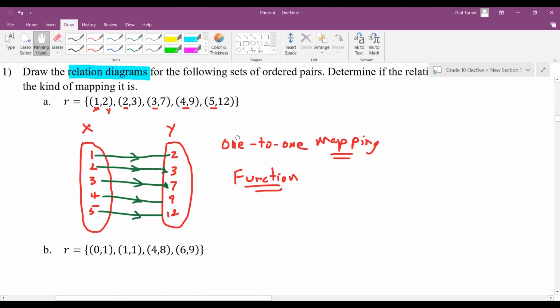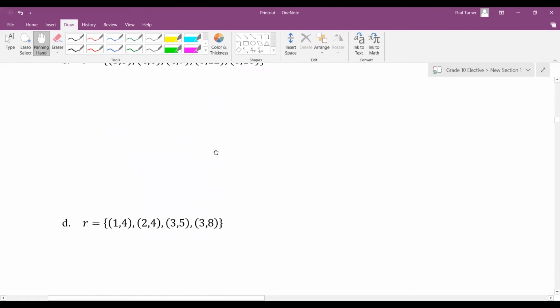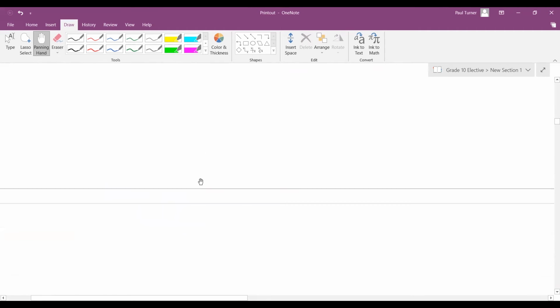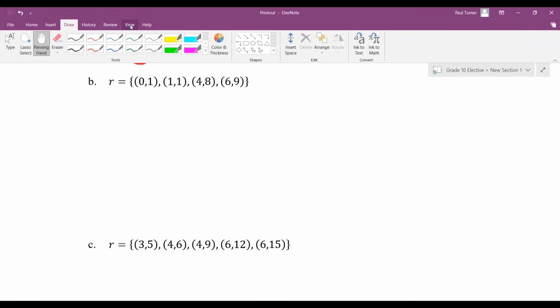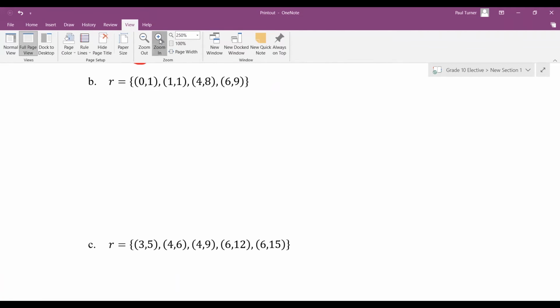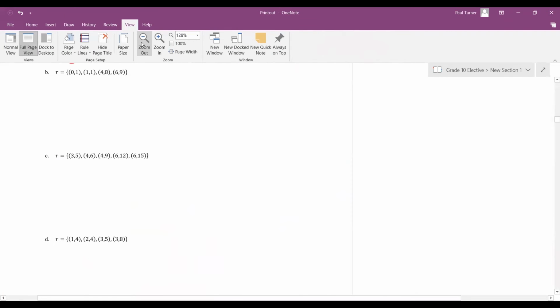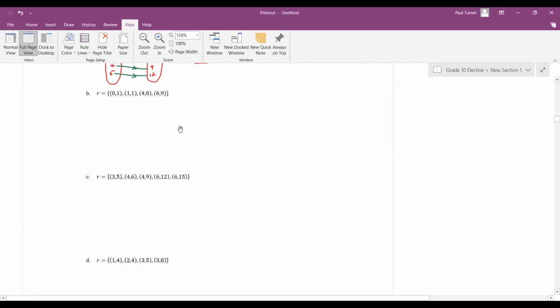And how many are there? B, C, D. Okay, B, C, D. So I'll give you 5 minutes to do them, all right? I'll make it smaller. I'll make it bigger when I draw the pictures. So I'm going to give you 5 to 6 minutes to do those, okay?